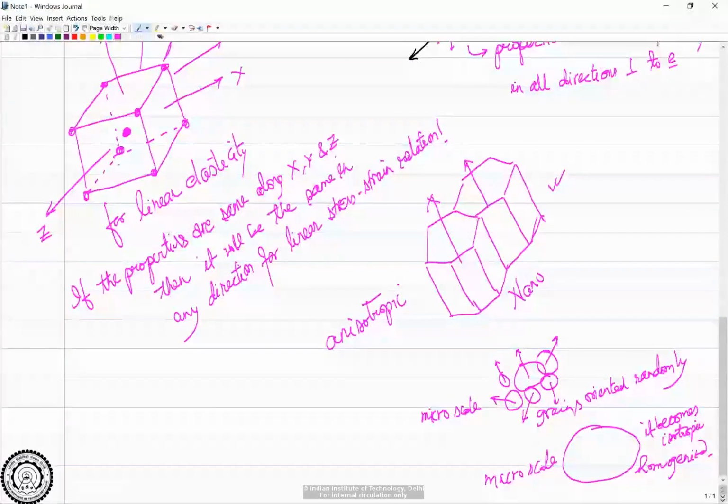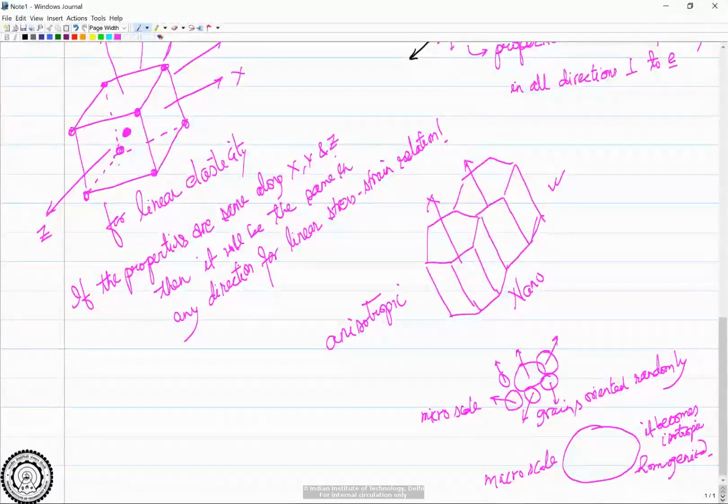So that's how you can tune a material, by applying electric field or magnetic field, or even by applying mechanical forces. You can change the structure of the material at micro scale so that macroscopically it looks something else. Okay, so anyway, these are the origin of the material being isotropic, anisotropic, or whatever.